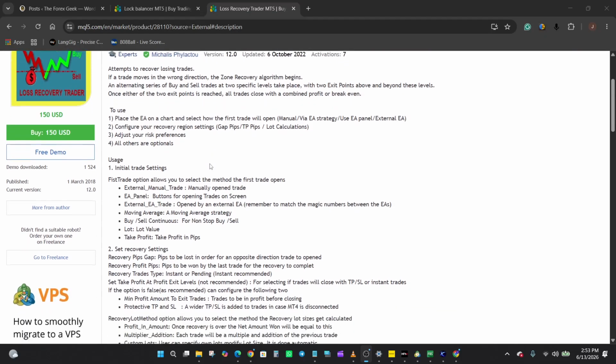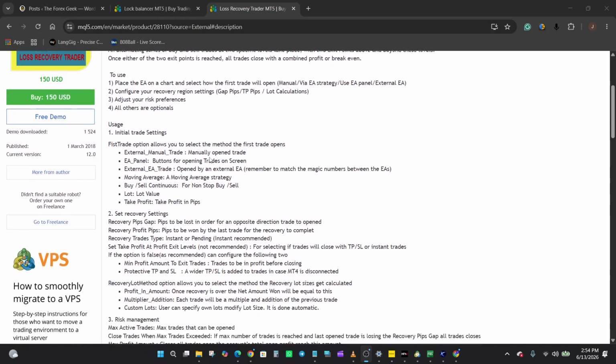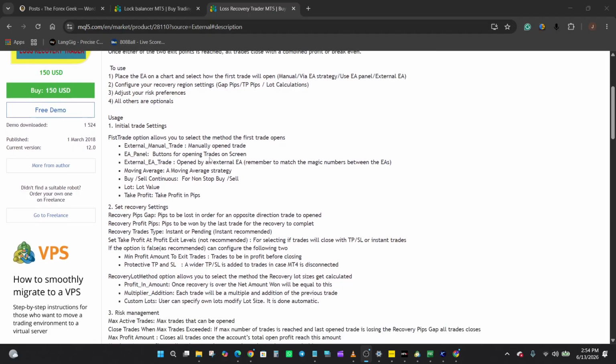As I continue through the product page, one thing I like is the flexibility in how the initial trade can be opened. The EA supports manual trades, trades opened through its on-screen panel, trades received from an external EA, and even a built-in moving average option for initiating positions. Moving into the settings, the recovery section is where most of the customization takes place.